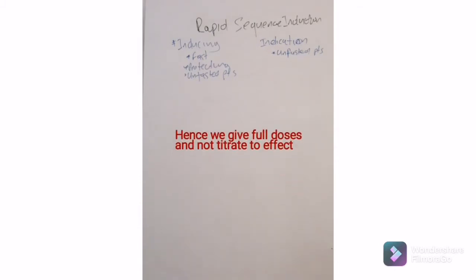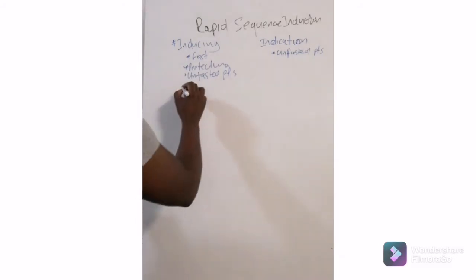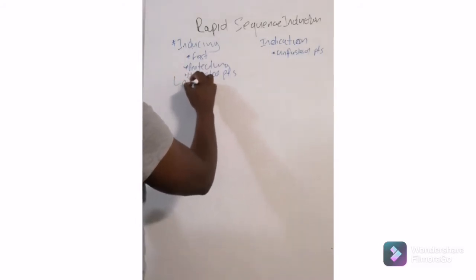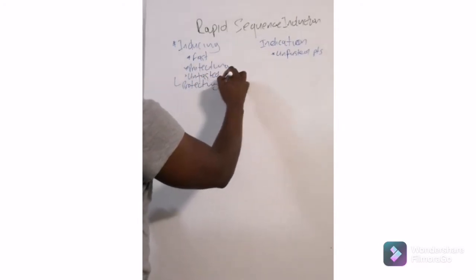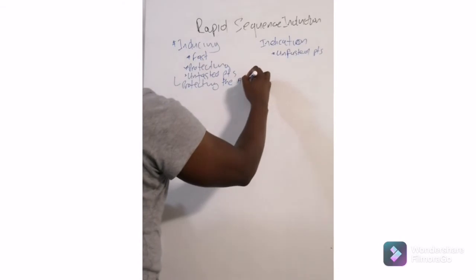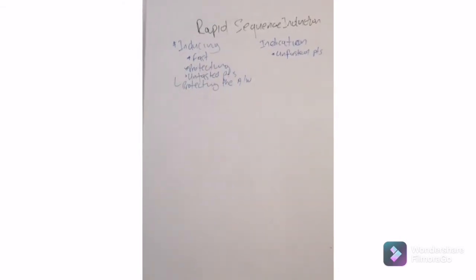So you induce them as fast as possible, making sure that you are protecting their airway. The main thing here is protecting the airway. If you've got a patient that has a risk of aspiration, doing a rapid sequence minimizes the risk of aspiration. That's what it's all about. We are going to talk about other groups of patients that are regarded as unfasted as well.